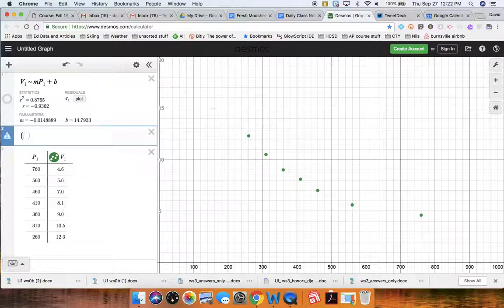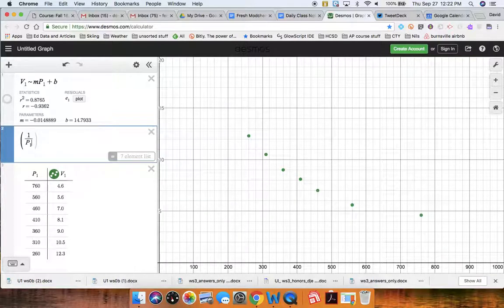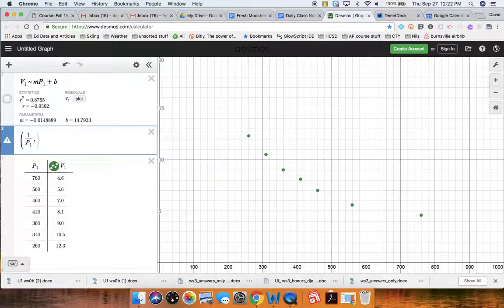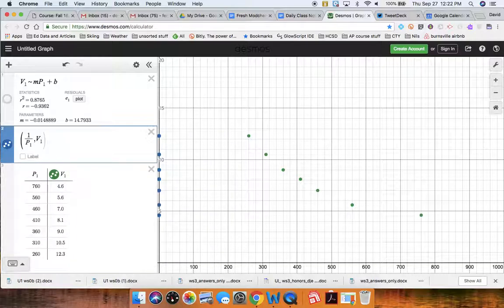So I'll open a pair of parentheses, and then I'm going to just do 1 over P1 for my horizontal axis values, and then I'll put a comma, and then I'll do V1 for the vertical axis values and close my parentheses.